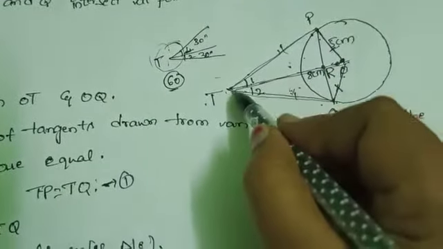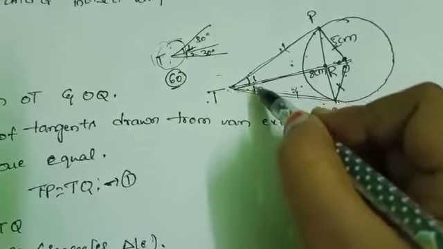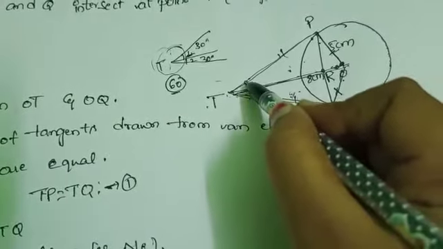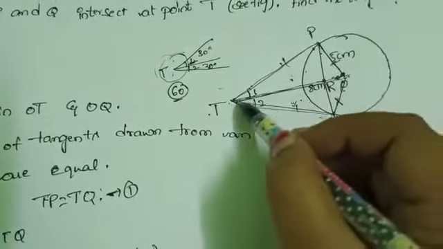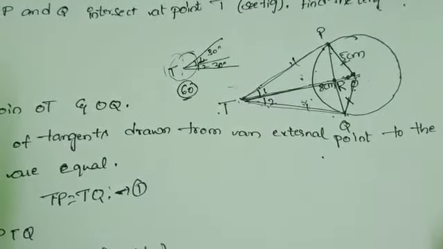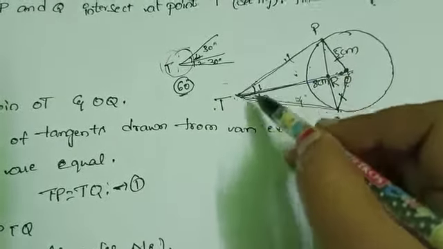It means this line divides the total angle into two equal parts. So this line is called the angle bisector, the angle bisector in an isosceles triangle.